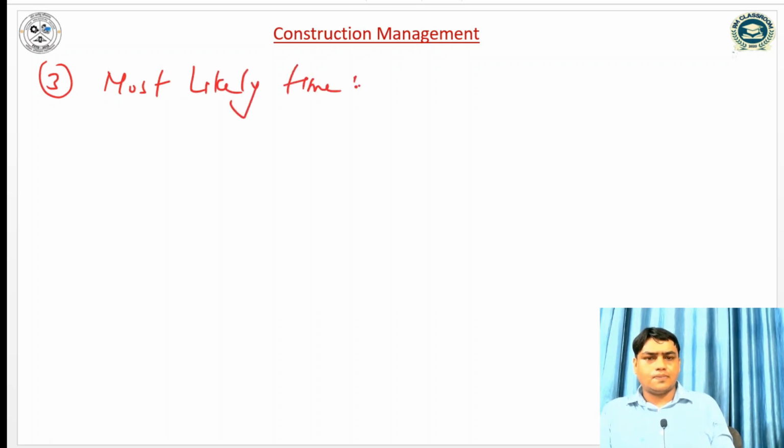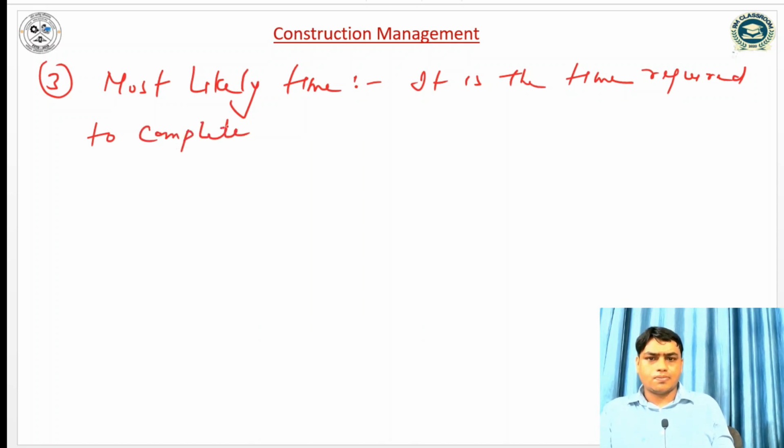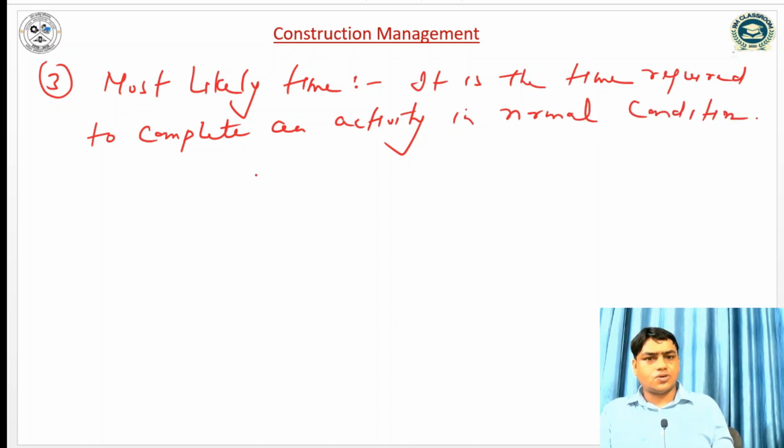Similarly, the third time estimate is most likely time. It is the time required to complete an activity in normal condition, and this time is called most likely time if normal condition prevails.